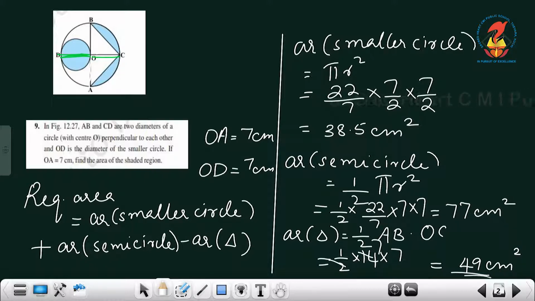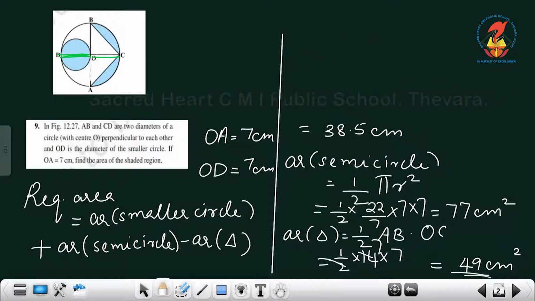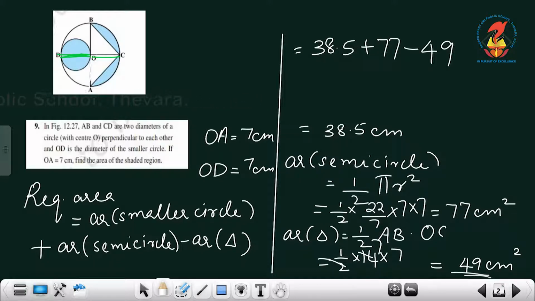Then what do you have to find actually? We have to find the area of the shaded region. That is equal to 38.5 plus the area of the semicircle, 77, minus 49, which you can find.